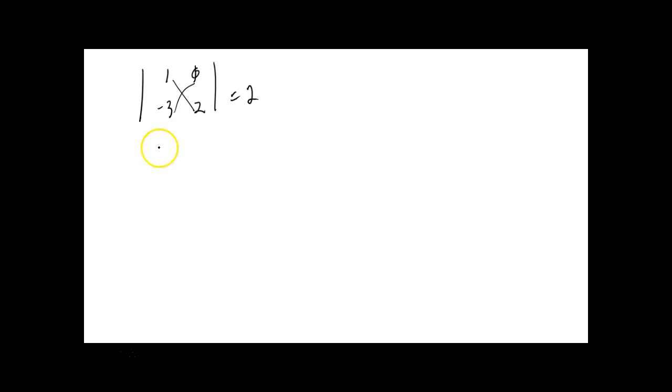That would have been, if this had been the determinant, 1, 1, minus 3, 2. Okay, that would be 2 minus a minus 3, which is plus 3. That would have been a 5. Yeah. Okay. All right.